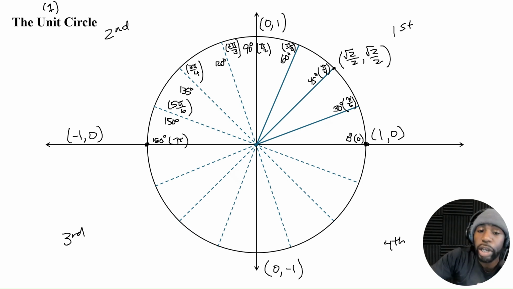Now, let me write this in a different color. In the second quadrant, x is negative and y is the same. I'll just say positive. Okay. In the third quadrant, and just look at the way the x-y axis is, x is negative, and since we're below the x-axis, y is also negative here.